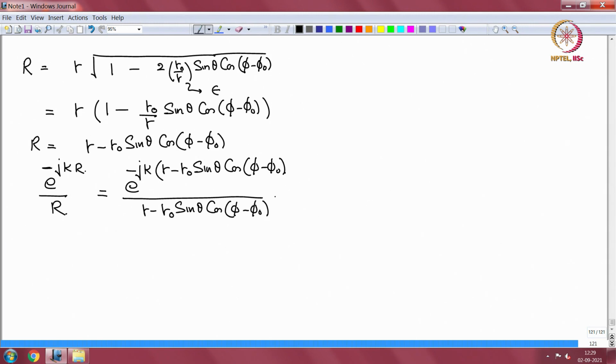Now this is still not amenable to closed form because we have x and z here and x and z over there.